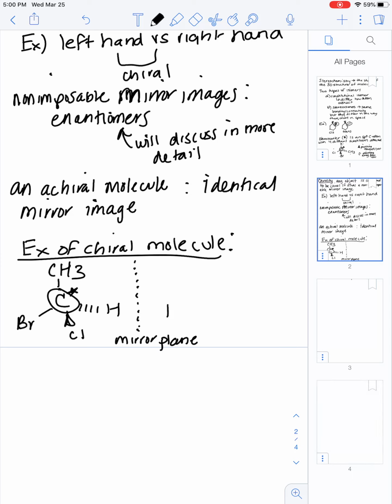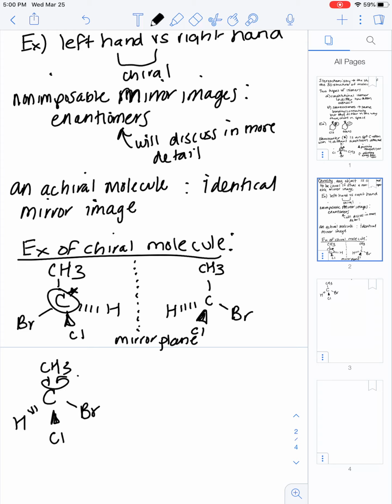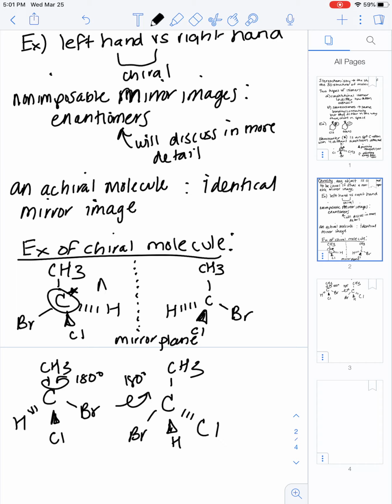When we draw the mirror image of this, it's going to look like this. We take this molecule here and rotate it 180 degrees. When we rotate this 180 degrees, we see a molecule that looks like this. We'll call this molecule A, we'll call this molecule B, and this molecule will be B rotated.